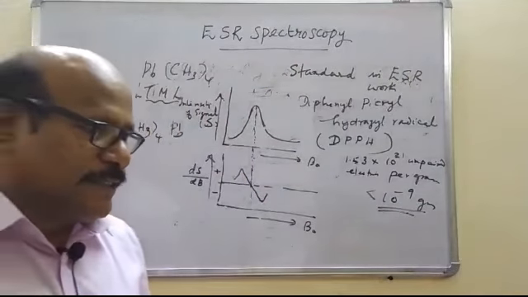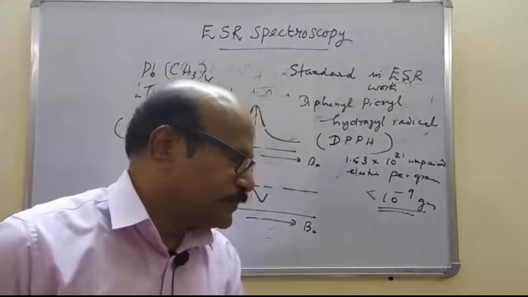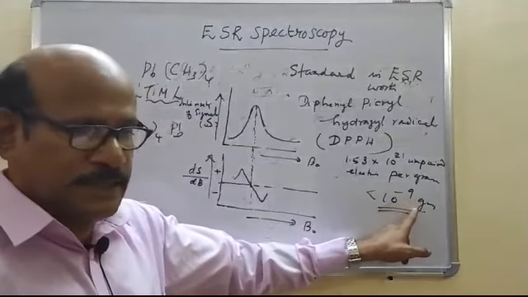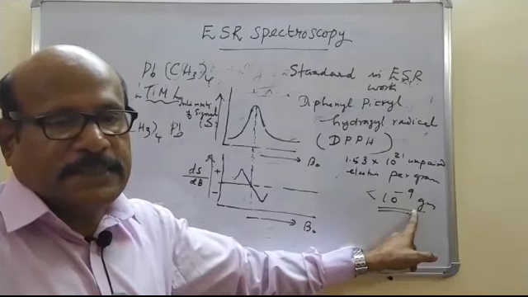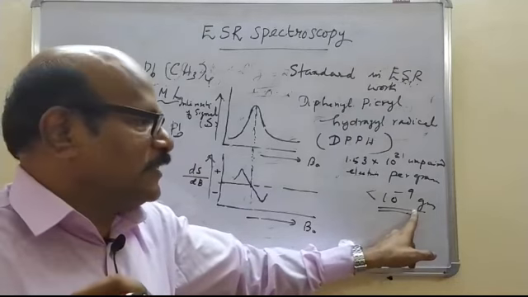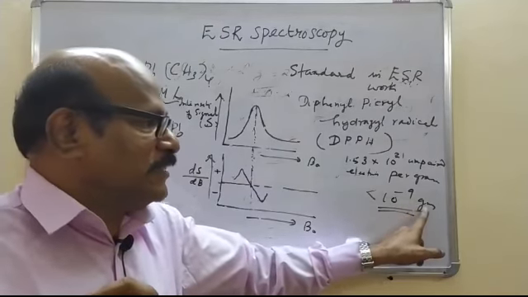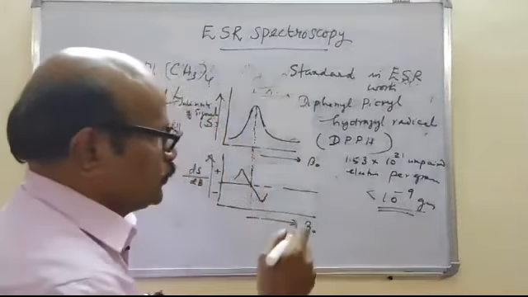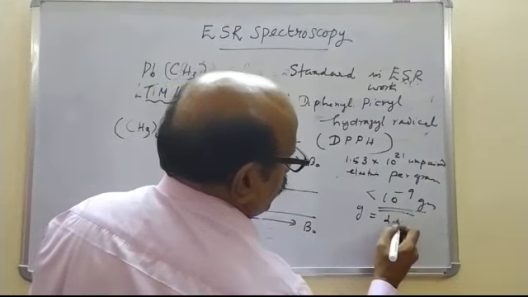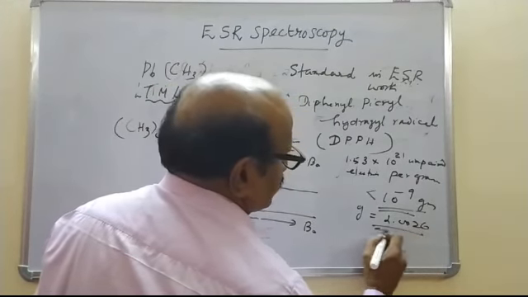So using normal ESR, we can detect a very small quantity of 10 raised to minus 9 gram. Then also it has a g value close to 2.0026.